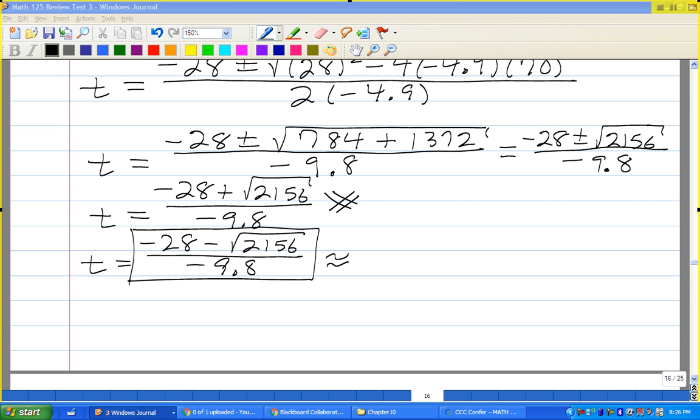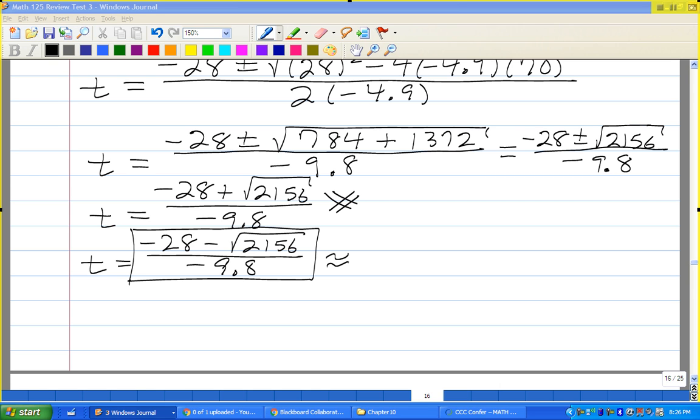So let's subtract these. And so if you subtract these, you're going to get approximately a negative 74.43274706.